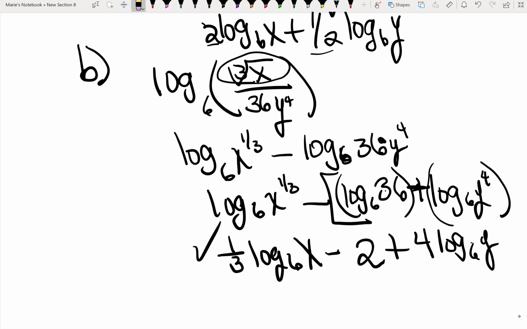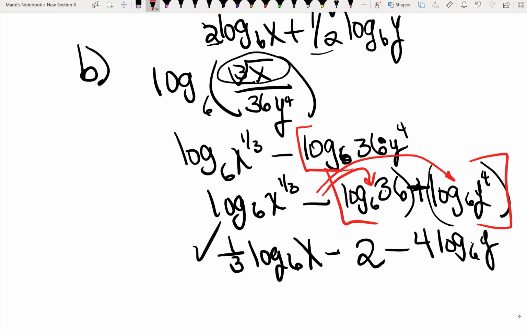Just remember that negative goes into both of those, so your final answer is minus 2 minus 4 log base 6 y. Because remember, this negative goes in here. This negative is going to affect this value, and it's going to affect this value because there are brackets here. So always remember, keep them separate so you don't have that issue.